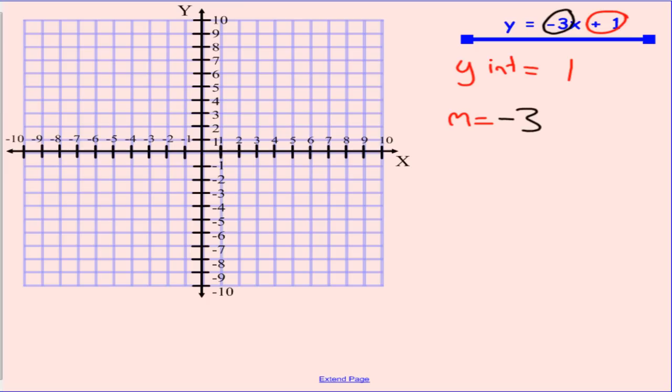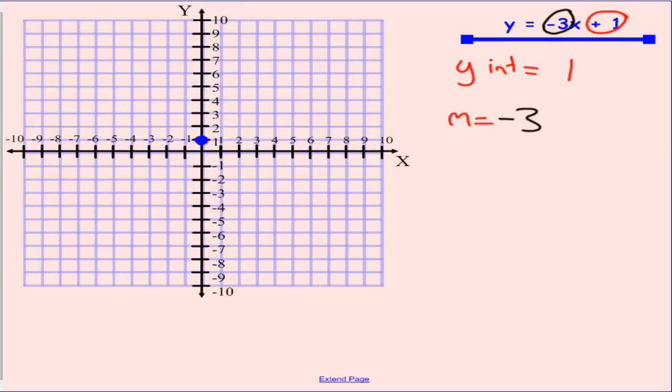Now the first bit of information that we need to use is the y-intercept, because we know where the y-axis is, we know where all the numbers are on it, and at the moment our y-intercept is at 1, so we're going to put a big dot here at y equals 1. There is our first point.